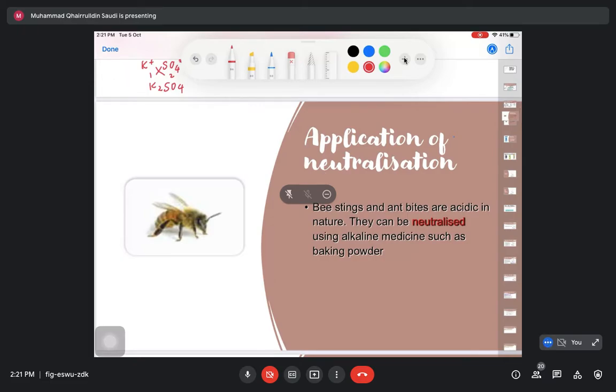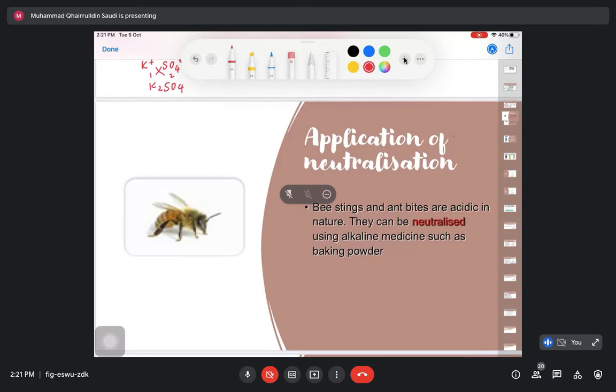Next one is the application of neutralization. This one you also have learned during your Form 2 times. So I will just go through very quickly with you some of the applications of neutralization. First, the famous one: bee stings and ant bites are acidic in nature. When you are stung by a bee, their sting is acidic.